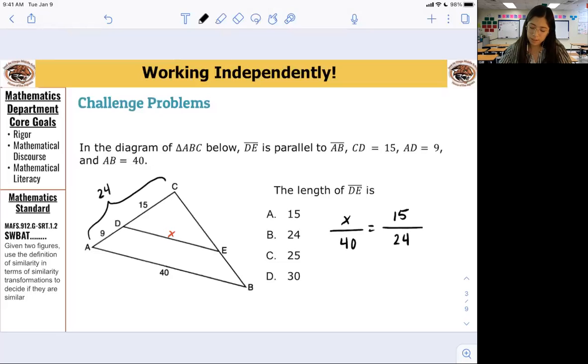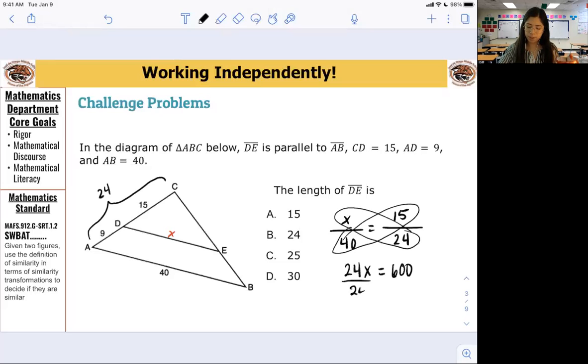Okay. Now we multiply. This is the easy part. We multiply and then divide. What's 40 times 15? 600. And then 600 divided by 24, what does that give me?